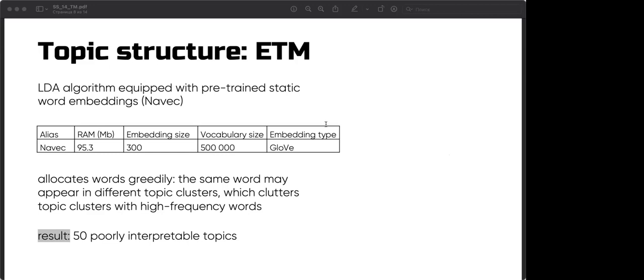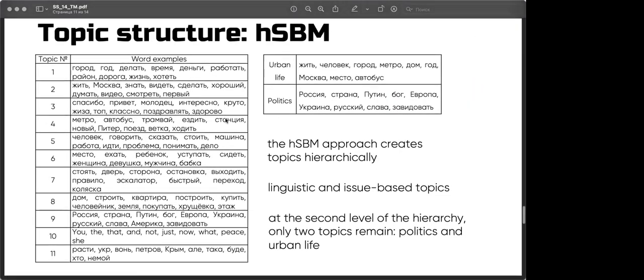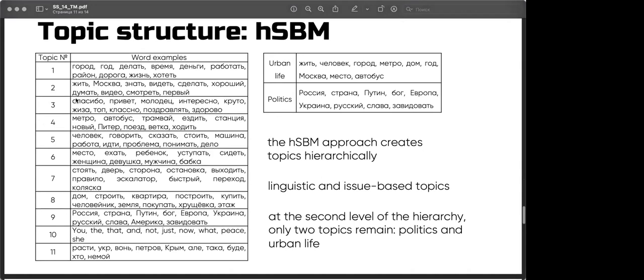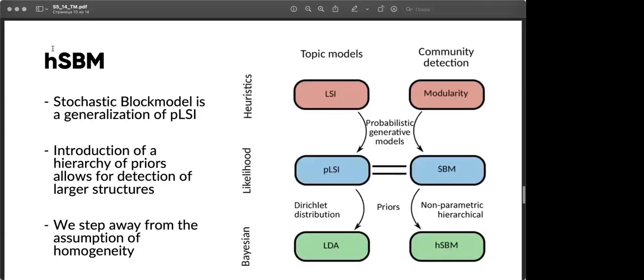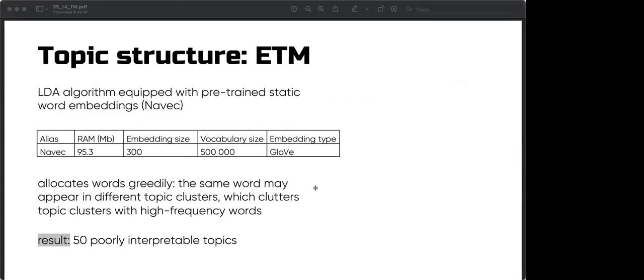And those words were primarily actually the ones we have seen here. So those that ended up in topics 1 and 2, those are the most numerous topics, and the words that are included in those topics are very high frequency words, even though some of the most high frequency words have been filtered out from the data set.